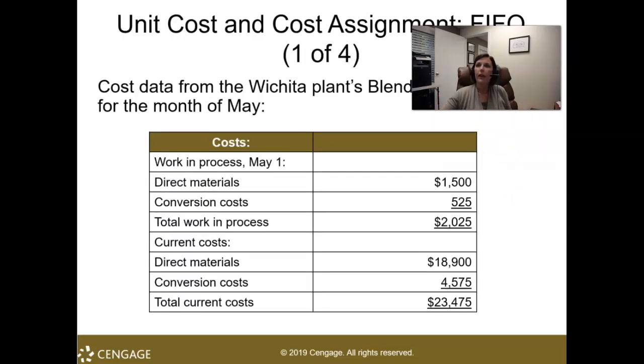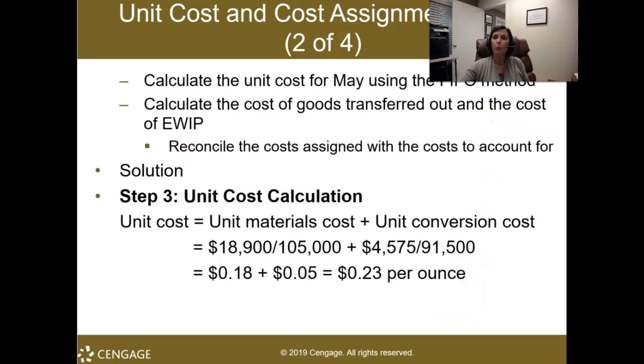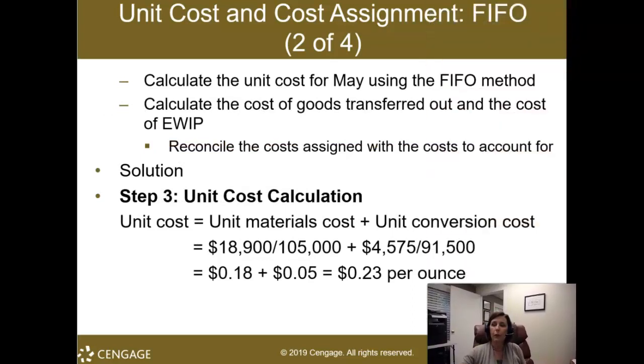And looking at the costs that were applied here, we have total costs of $23,475, and we just now need to convert this to a per unit cost.